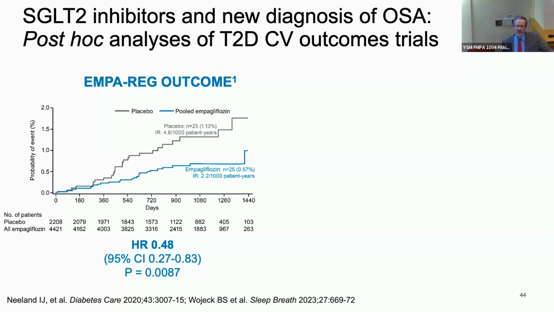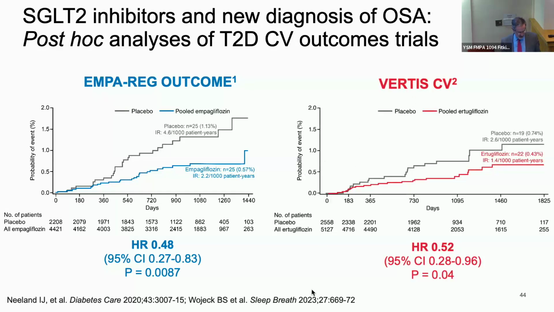Did not seem to be related to weight loss. We did a mediation analysis. It didn't seem to be related to the amount of kilograms that these patients lost, which is about 2 kilograms. We're not exactly sure why this occurs, but we're doing more studies. And we replicated this. This is with Brian Wojcik, who is in our faculty in endocrinology and also a sleep medicine physician on your faculty.